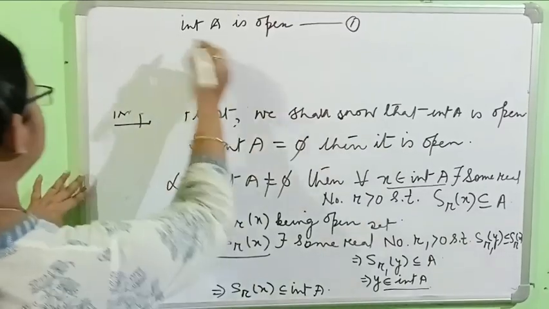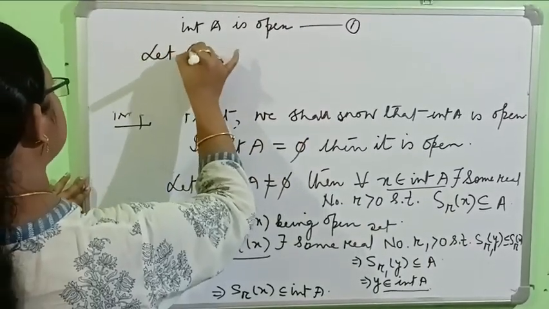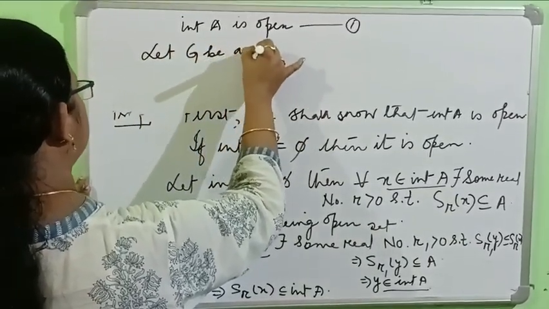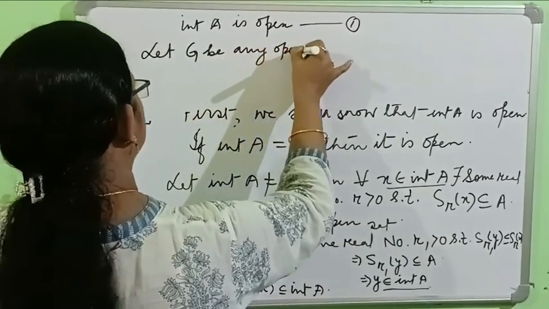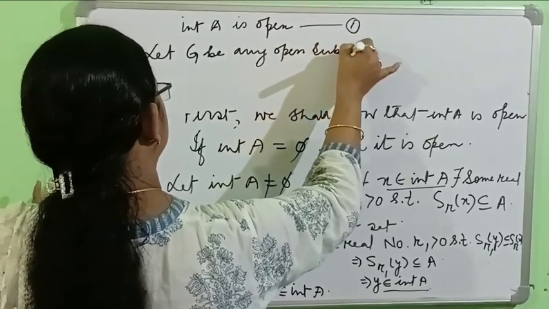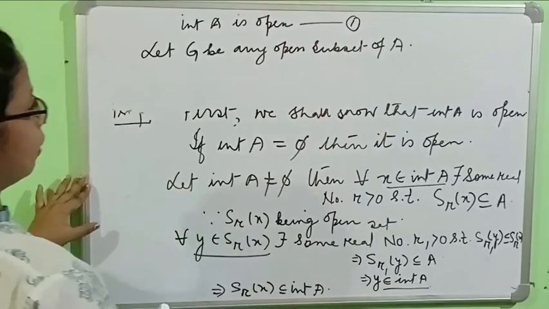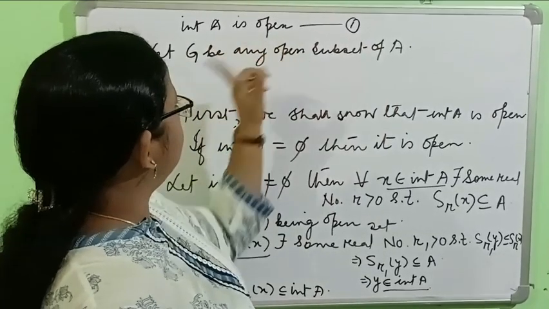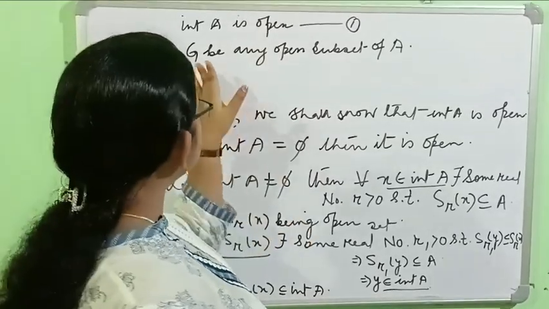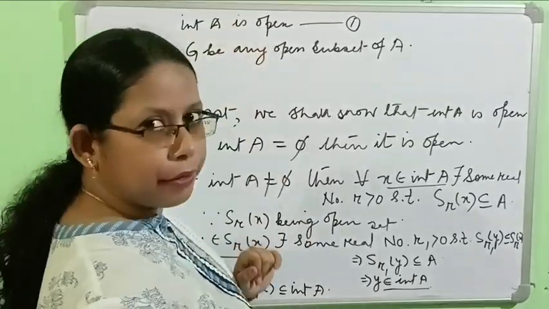So let G be any open subset of A. We are going to show that our G is contained in interior of A.